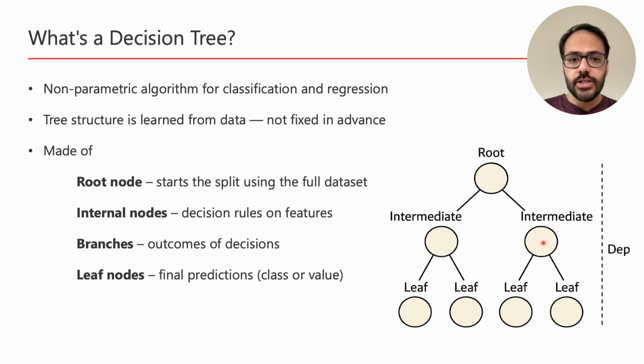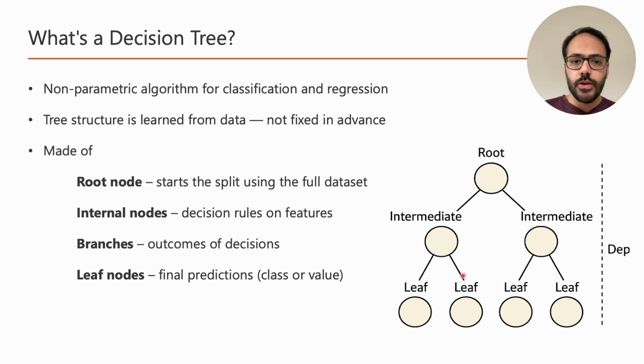And then this gives us these children nodes, which we call intermediate or internal nodes. These are decision rules on, again, some features. It can be the same feature or other features. Then we have these branches, which in this case are trues or falses.